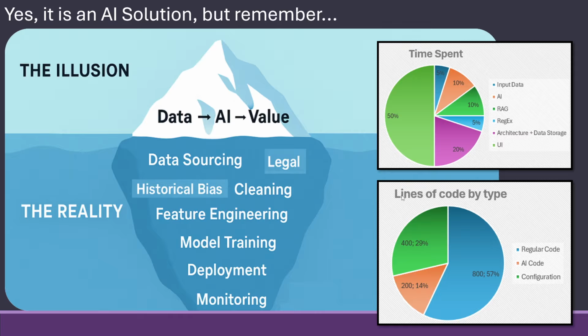And in terms of lines of code, we can see that there are 800 lines of regular code, 400 lines of configuration, meaning these regex matches, and 200 lines of AI code, meaning 14% is the AI code in this solution. So I'm not trying to dissuade you from making AI code here.